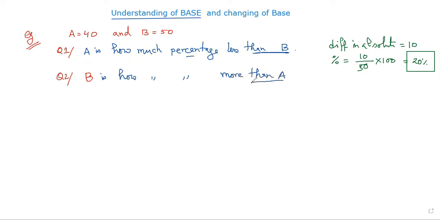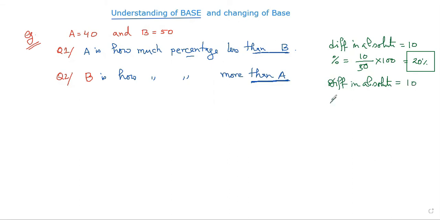Here the question says "than A", so the base will be A. But the difference in absolute terms would be the same as earlier, that is again 10. If it is just said how much more than A, it would be 10.